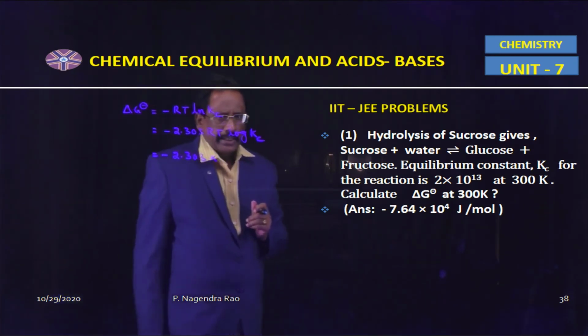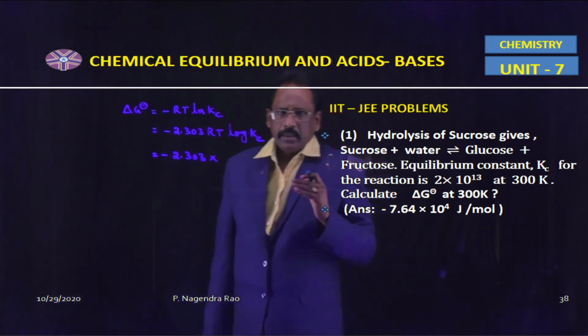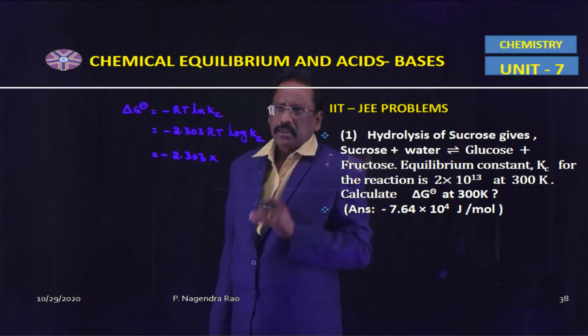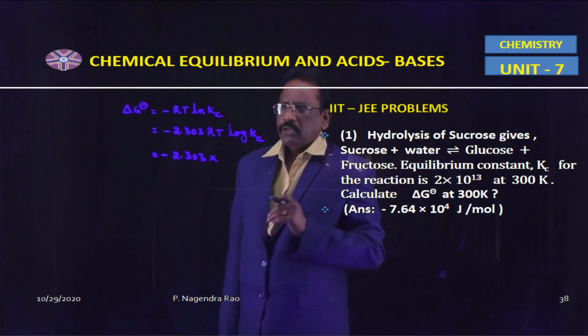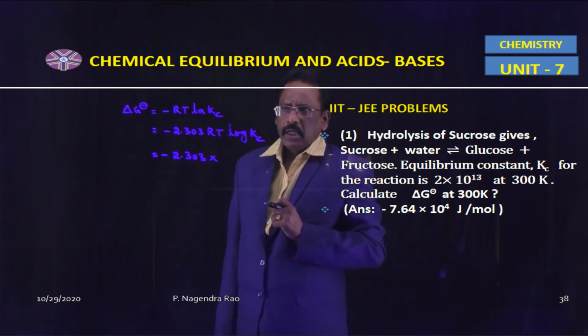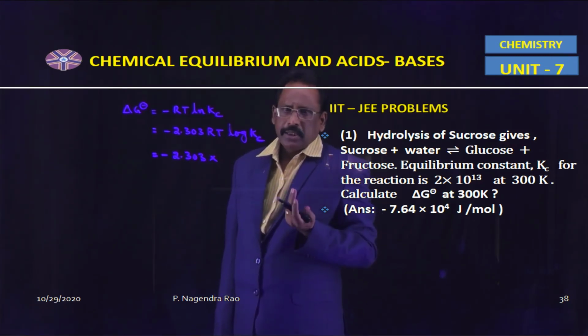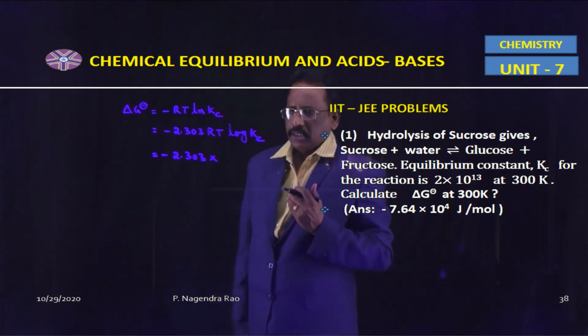Delta G indicates the change in Gibbs free energy. Generally energy is expressed in ergs, joules, kilojoules, calories, kilocalories, etc. So substitute the R value in the CGS system or in the MKS system.